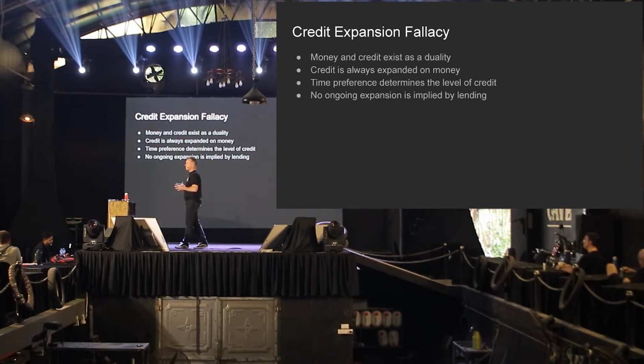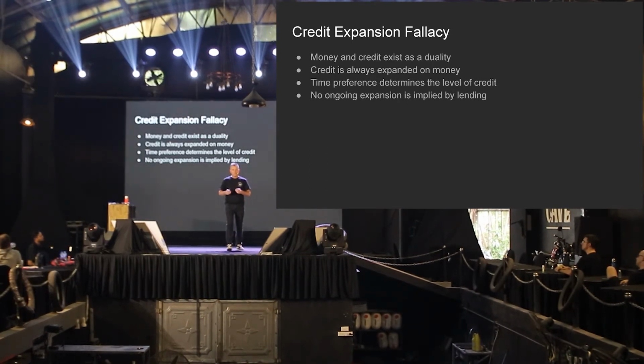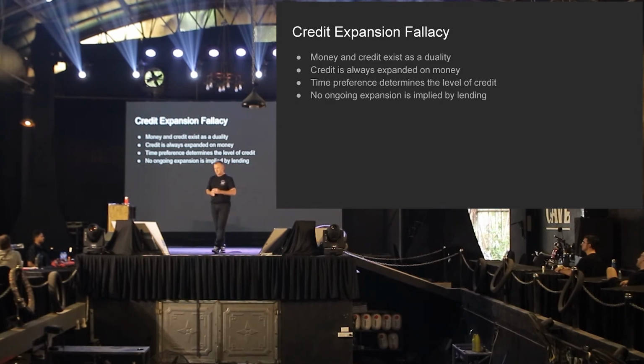The amount of reserve determines how much credit is expanded, and that determines the interest rate, which is basically the same thing. Rothbard says that ratio, the aggregate across all people, is what determines the amount of expansion of credit on money. Time preference alone.